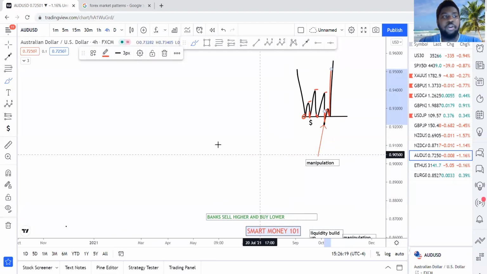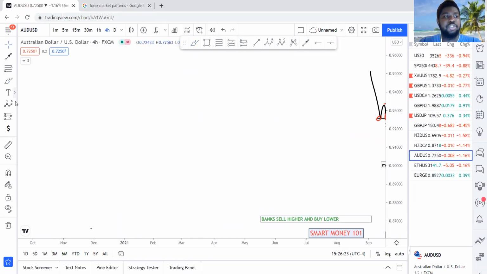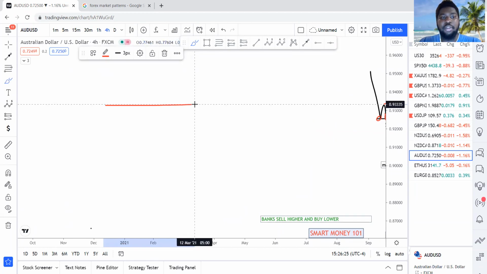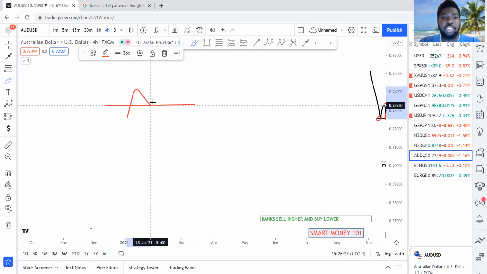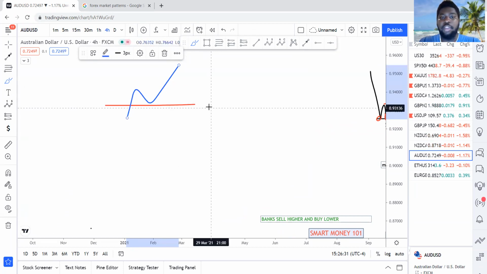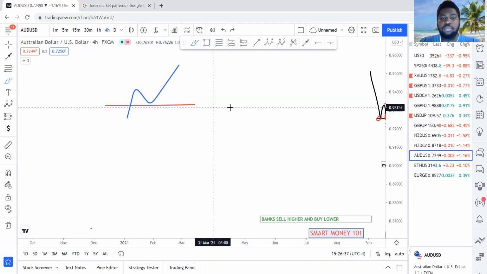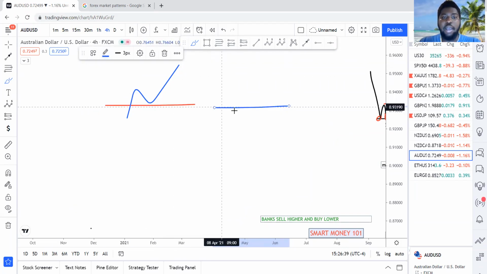There are two types of traders out there, and I'm teaching you how you can be both. You have the break and retest traders, that go like that. And then you have the breakout, break back in, retest traders.